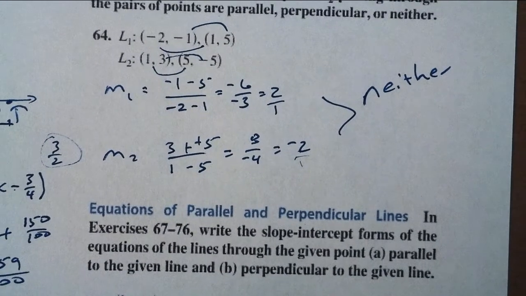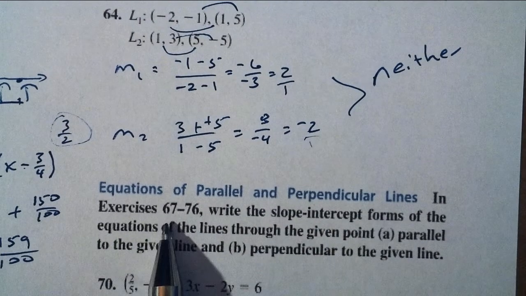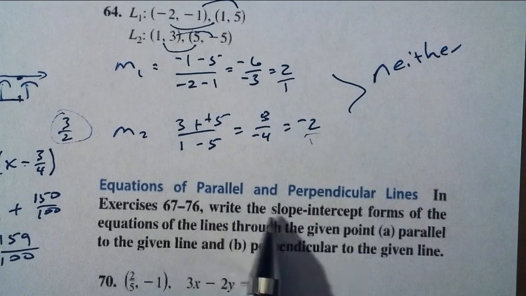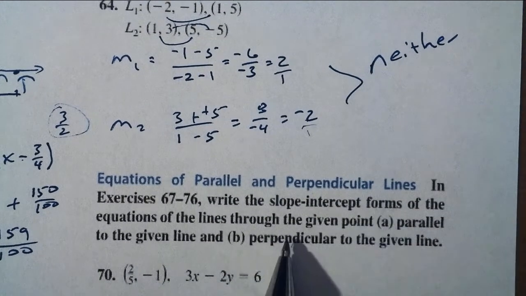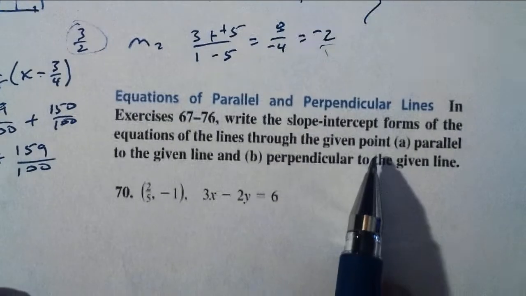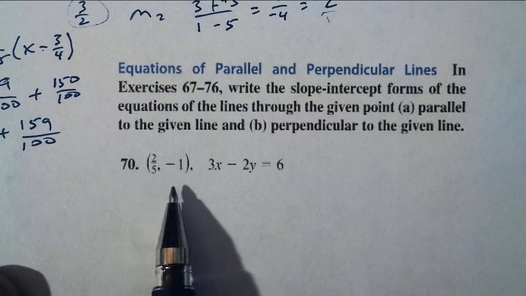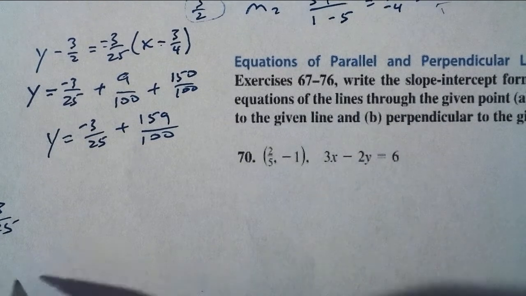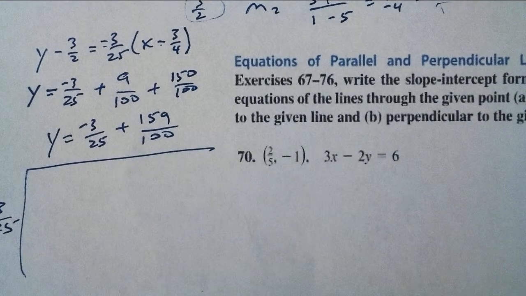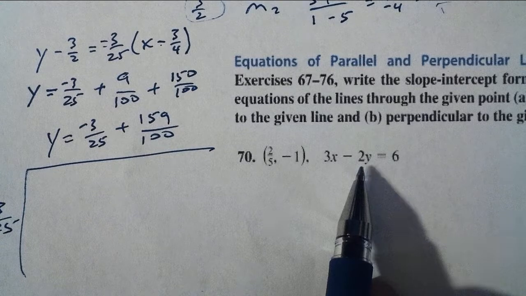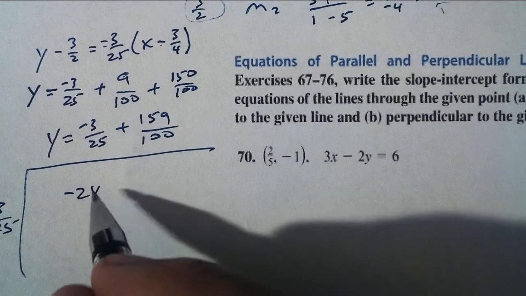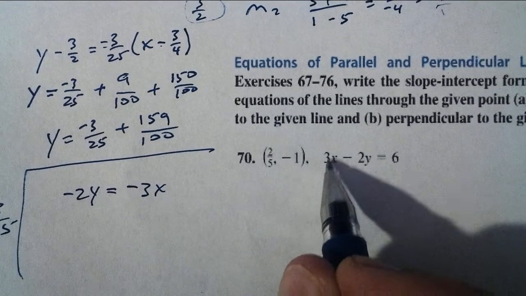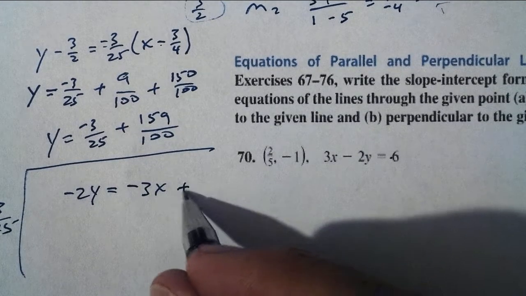All right, equations of parallel and perpendicular lines, exercises 67 through 76, and we're going to need to write small again. Write the slope-intercept form of the equations of the lines through the given point that are parallel to this line. So parallel to that line, I'm going to steal some space over here. Parallel to this line, I need to solve for y. So I'm going to leave negative 2y, that would equal subtract 3x, which comes over and joins a positive 6.